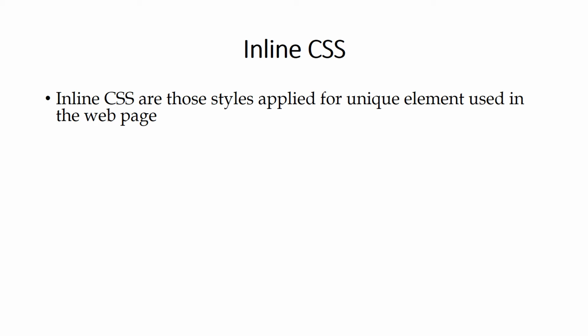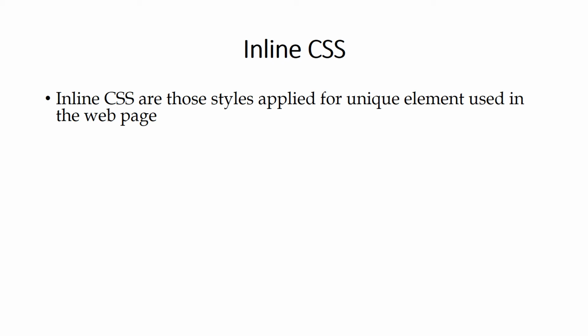But say, for example, we are going to use one single line that will be used only in that particular paragraph. For these scenarios, some developers will go for inline CSS, but actually it is not a proper way of coding.